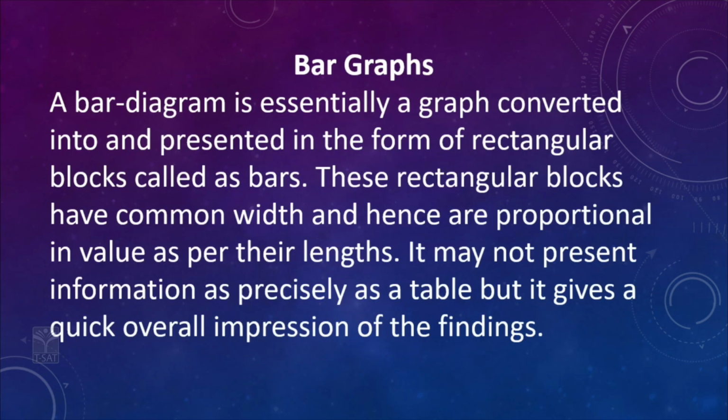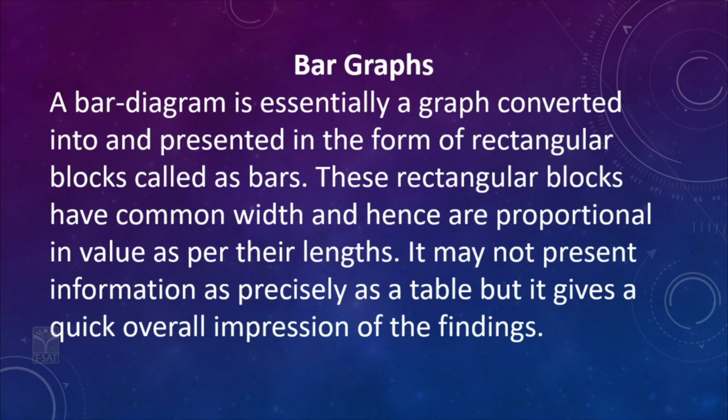Okay, now we are going to the next kind, the bar diagram. A bar diagram is essentially a graph presented in the form of rectangular blocks. This is very important. Of course, those rectangular blocks are called bars. That is the reason we call this diagram a bar graph. These rectangular blocks have a common width and hence are proportional in value as per their lengths.